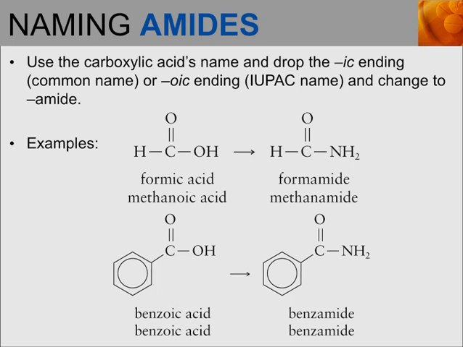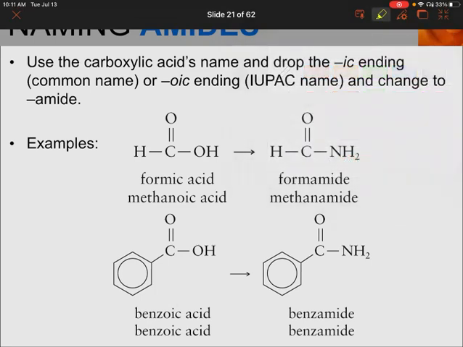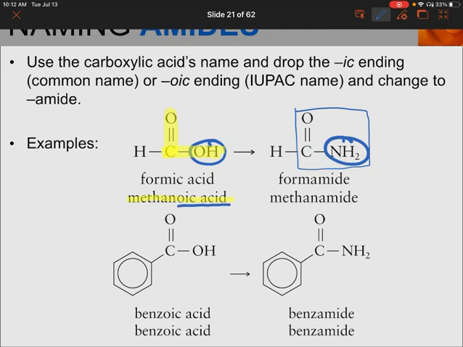So, for example, if we look at this carboxylic acid here, there's only one carbon, so we would call that methanoic acid, right? And then we're just going to replace that OH group with our NH2, and now we have our amide functional group. So to name this, we're just going to replace oic acid with amide. So now it becomes methanamide.